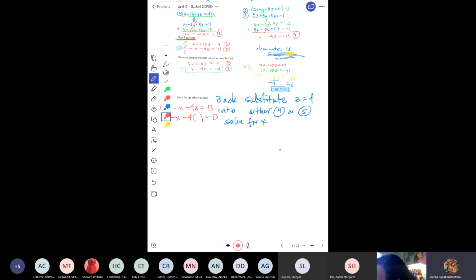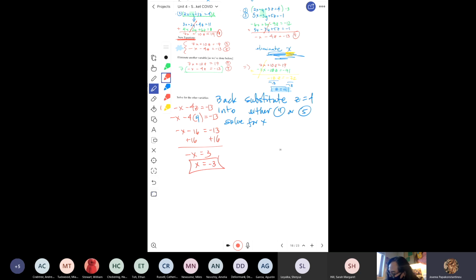We just found it. I'm solving for x. So what is x? Negative 3.